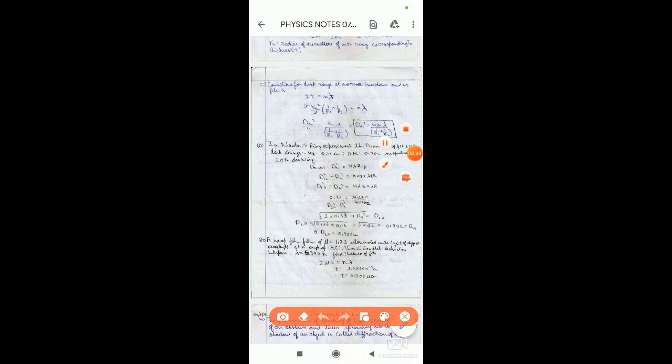By putting the value of thickness T we get dn square equal to 4n lambda upon (1 upon R1 plus 1 upon R2), and it is the diameter if both the surfaces are convex.